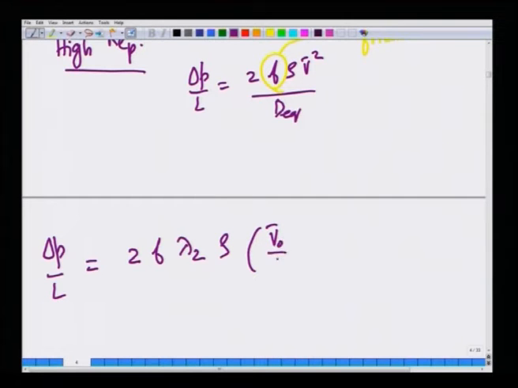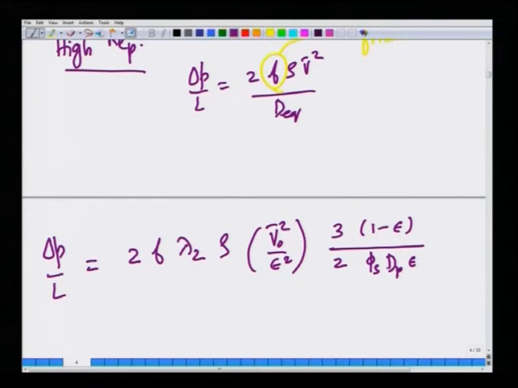Instead of V, I am going to write V naught squared by epsilon squared, and instead of D equivalent, I am going to write 1 minus epsilon. This is something that we have already derived for the equivalent diameter. The equivalent diameter is nothing but 2 by 3 phi s dp epsilon divided by 1 minus epsilon. So, that is all I am trying to write here.